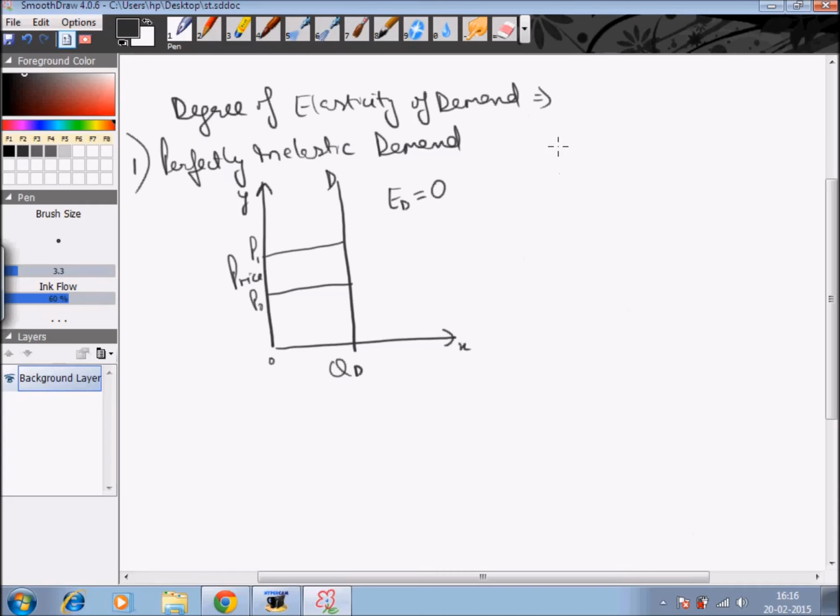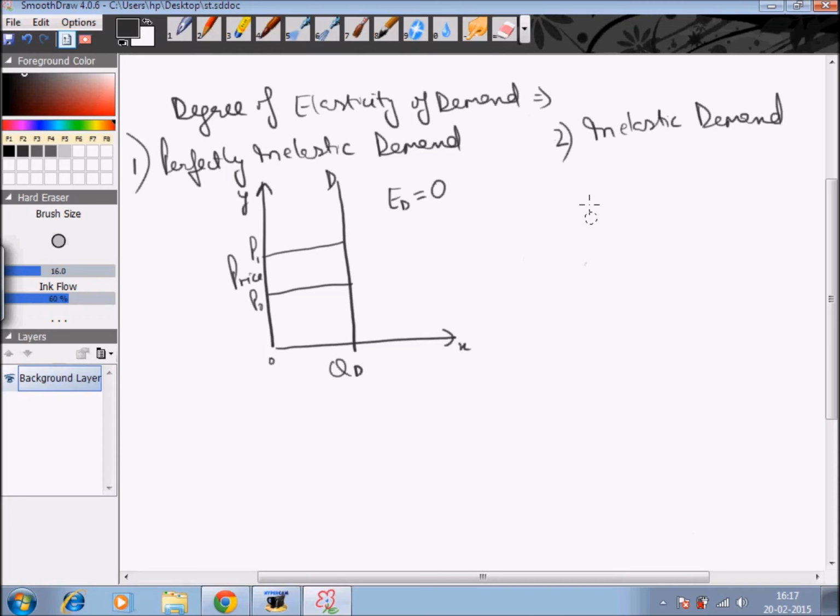The second degree is inelastic demand. Now in case of inelastic demand, the percentage change in demand as a result of percentage change in price will be less. That is, if the price changes by 1%, there will be less than 1% change in the quantity demanded.